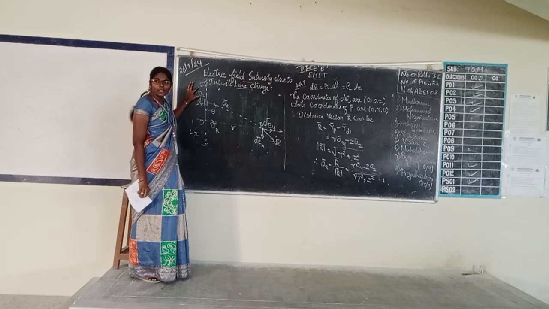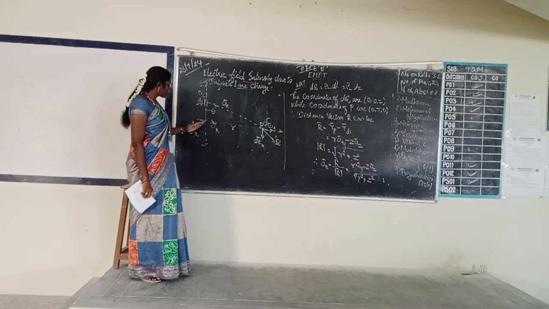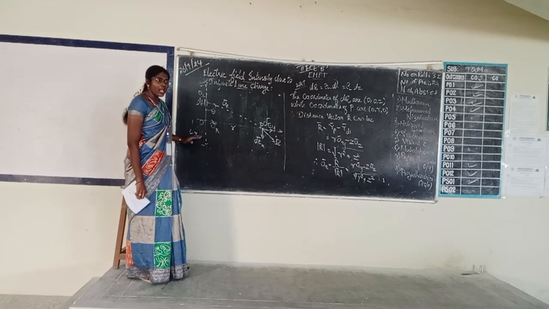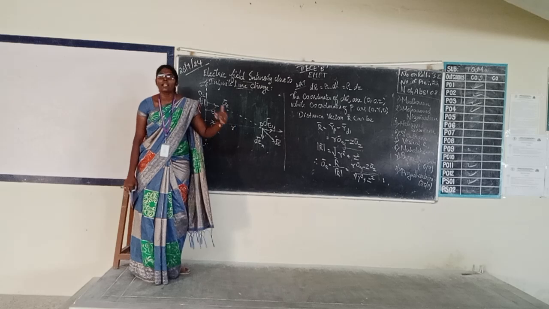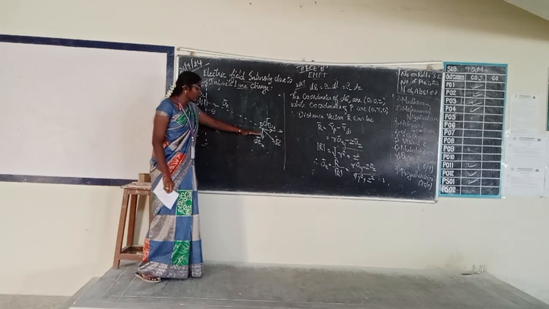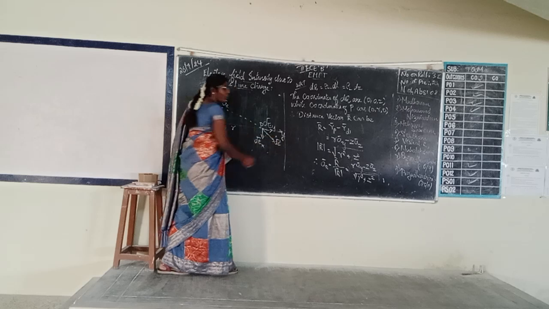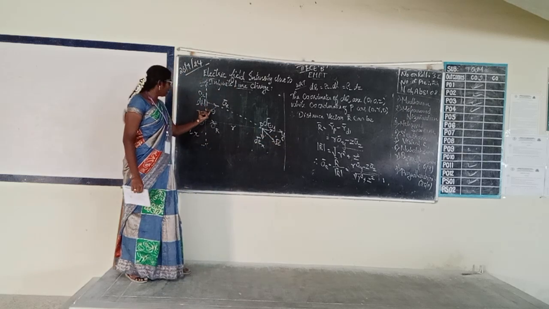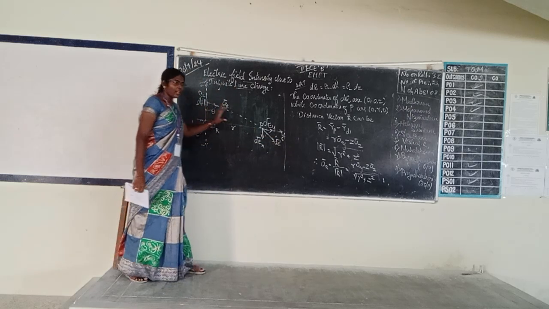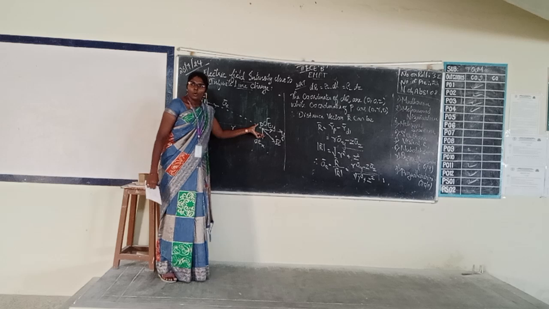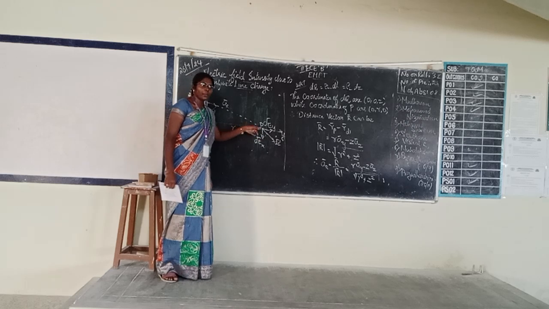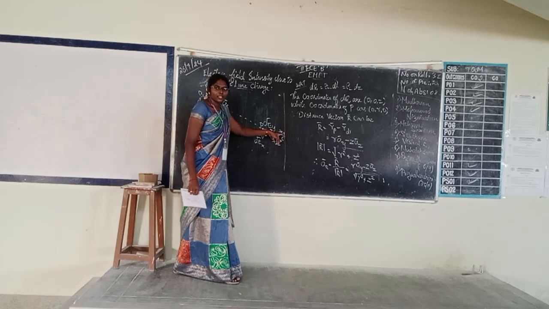That is along the z axis, and this is going to be the x axis. Where I am going to find the electric field is along the y axis. This is the line where I am going to find the electric field at a point P. The point P lies on the y axis.